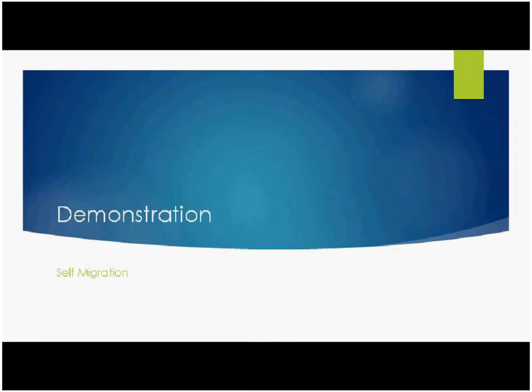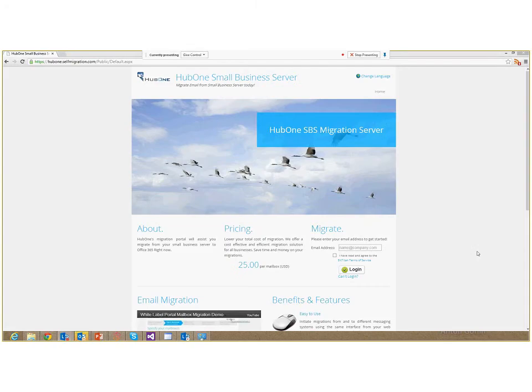So let me go and connect you to my secondary monitor. And I'll just let that load up for you. Here we go. So if you can see that, what you can see is this website, hub1.selfmigration.com.